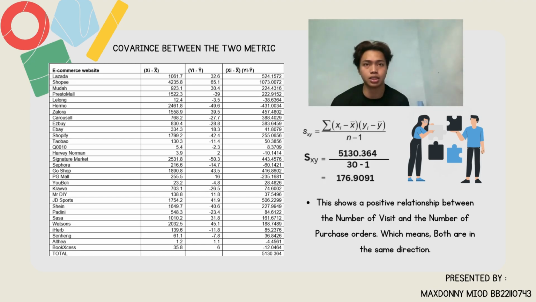Using Excel, we got Sxy equal to 5130.364 divided by 30 minus 1, and we got the answer 176.9091. This shows a positive relationship between the number of visits and the number of purchase orders, which means both are in the same direction.